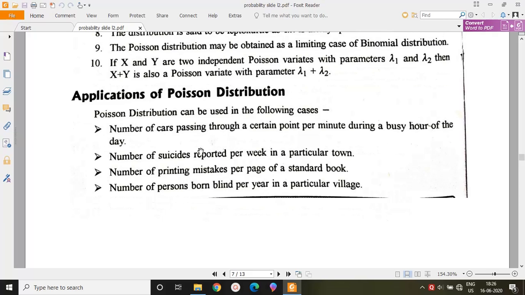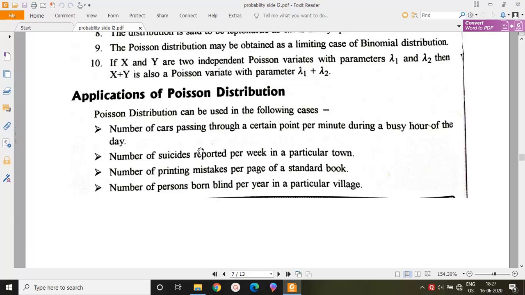What are the examples of Poisson distribution? Number of cars passing through a certain point per minute during a busy hour of the day. One very important aspect of Poisson distribution is that the probability of success in each trial is very low. For example, the number of cars passing through a certain point per minute during a busy hour of the day is very low.